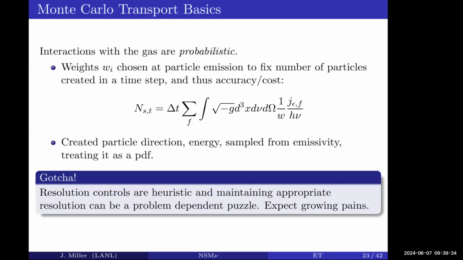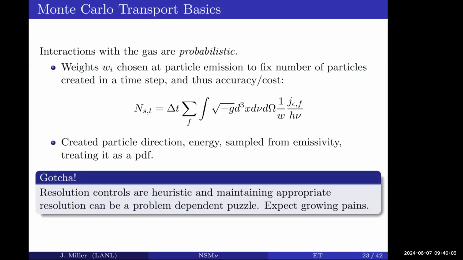So how does this work? Well, interactions with the gas are all probabilistic. The weights, for example, are chosen at particle emission. It's kind of a free parameter in the method. You choose it in a given time step to fix the accuracy, to fix the number of Monte Carlo packets that are created. The physical number of particles is as would be given by the physics, but the number of particles created is actually sort of a free parameter, and you choose the weight such that you get the number you want.